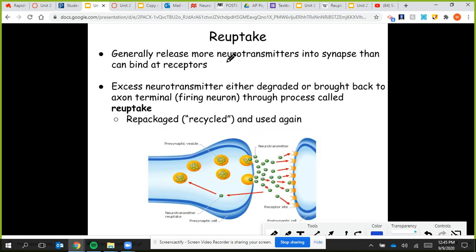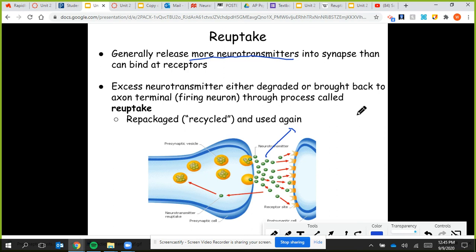Now, the axon terminal will generally release more neurotransmitters than can bind at the receptor site. Some of these excess neurotransmitters will just diffuse into the synaptic fluid and be degraded.